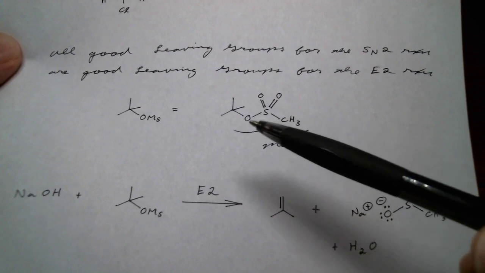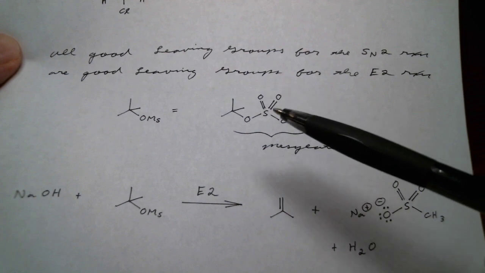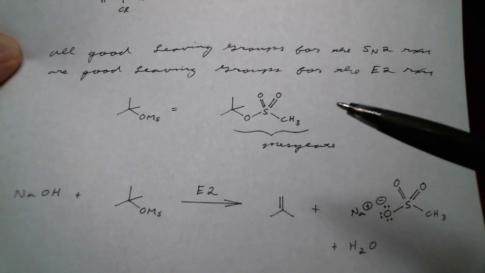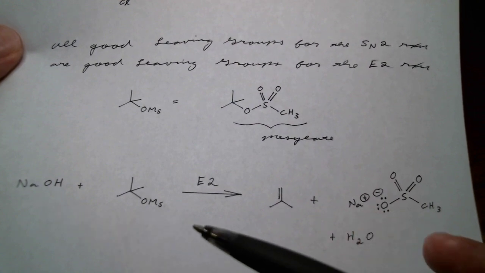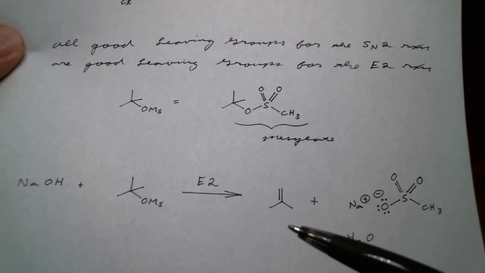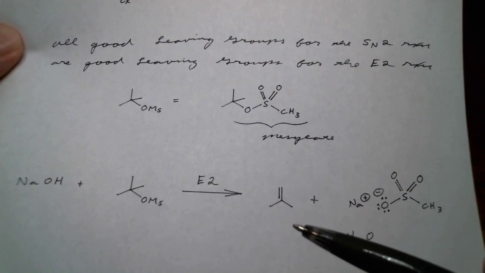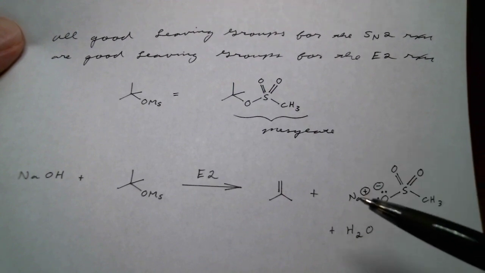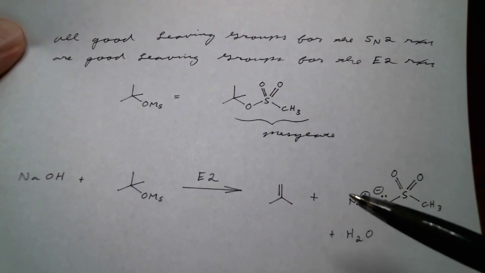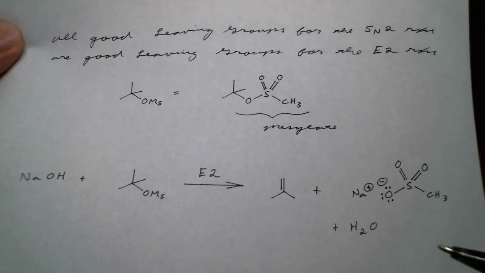That would be that oxygen bonded to this sulfur, 2 more oxygens, and a methyl group for our mesylate. So sodium hydroxide would do an E2, and we'd get our 2-methylpropene product out of this, as well as sodium mesylate, salt, and water.